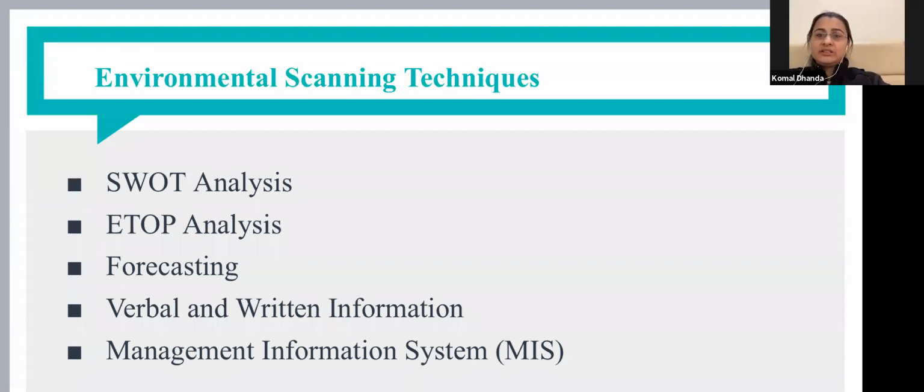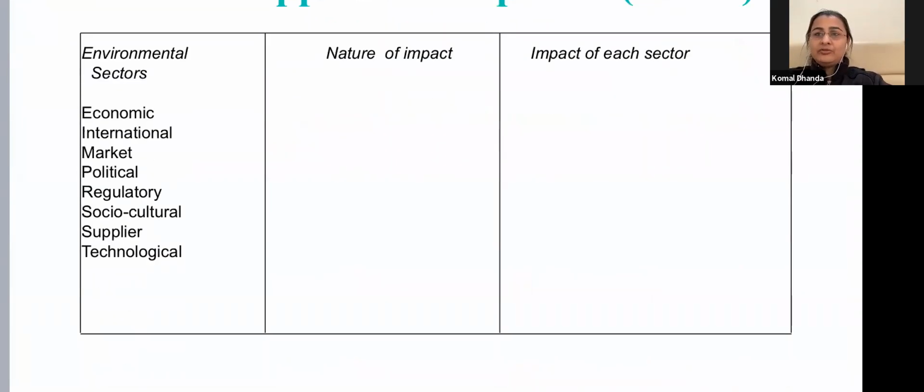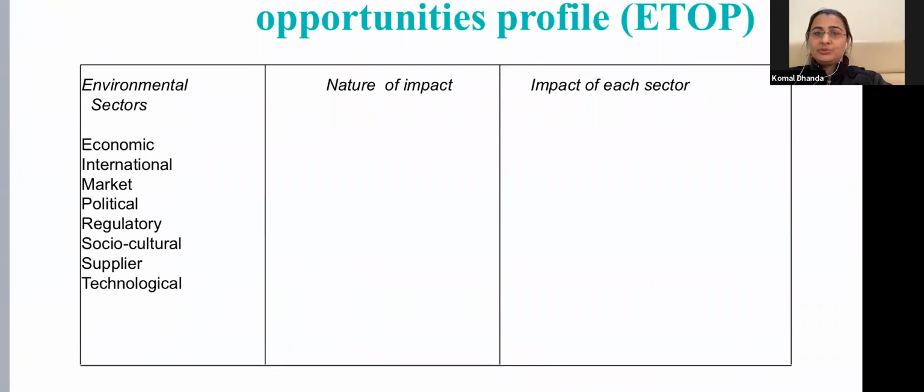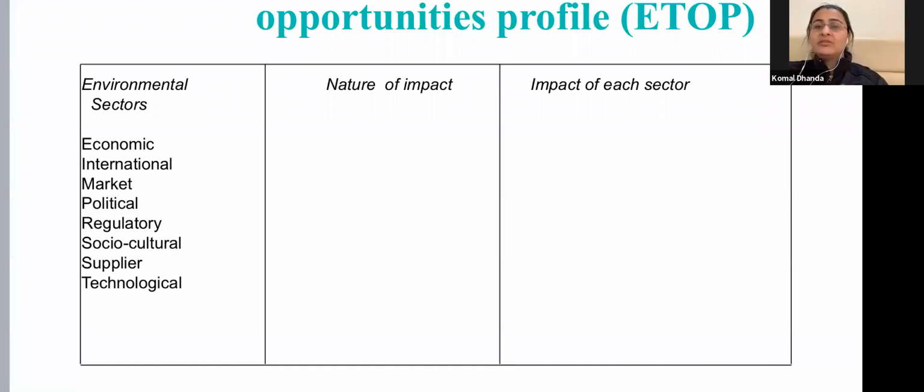Let's discuss it. This is an ETOP matrix which is prepared. On the left side, we have economic, international, market, political, regulatory, supplier, technological, all kinds of factors which exist in the business environment, right? And on the right side, there are two columns. One is the nature of impact, whether it has a direct impact or an indirect impact.